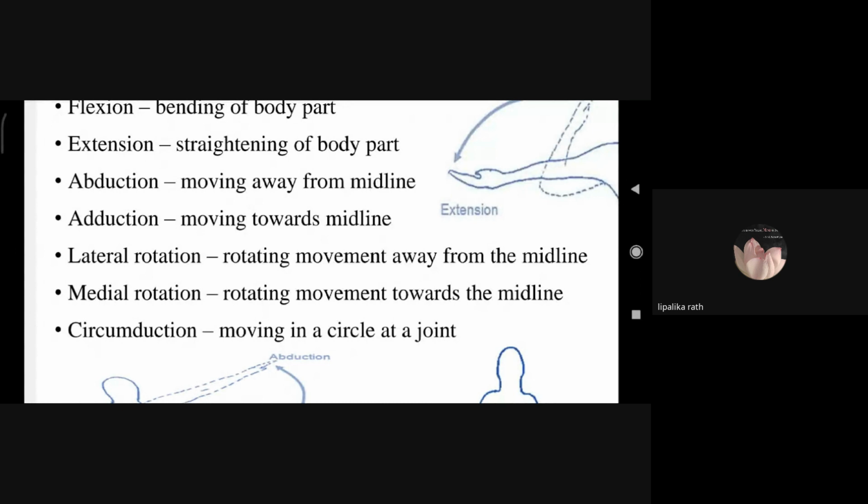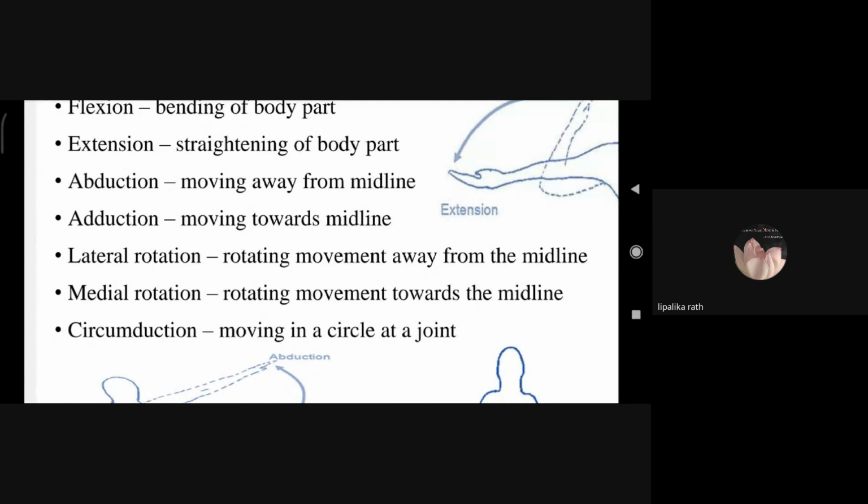When we are raising our hands sidewise, we are not rotating. It is like the preparatory practice for trikonasana.